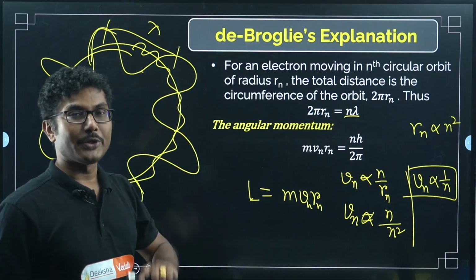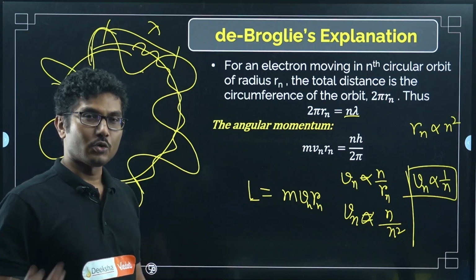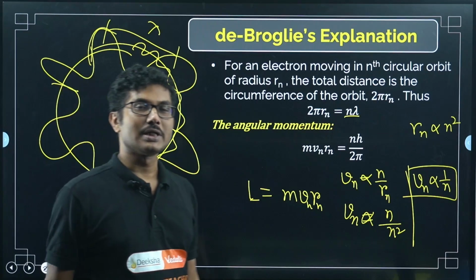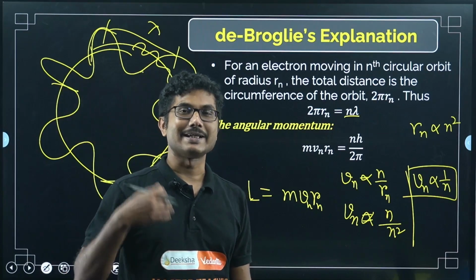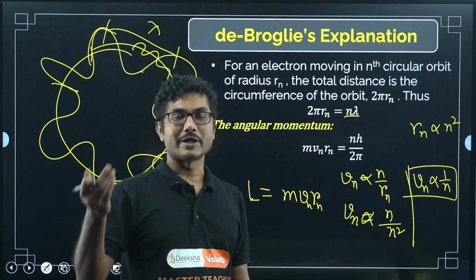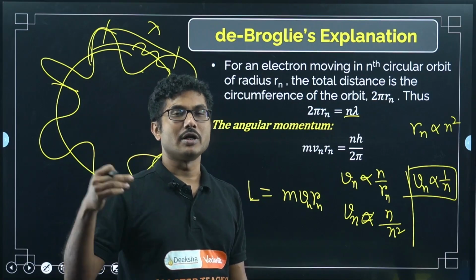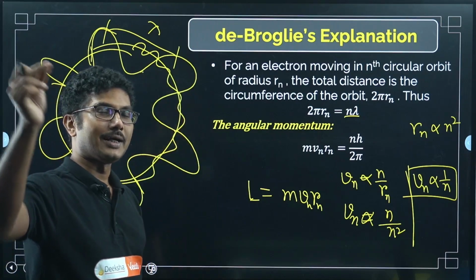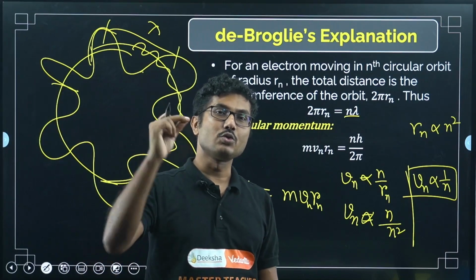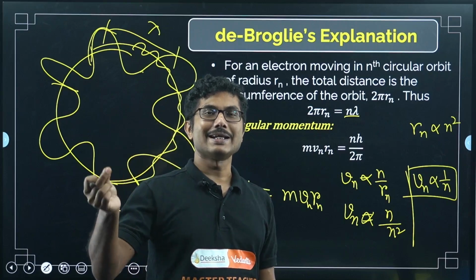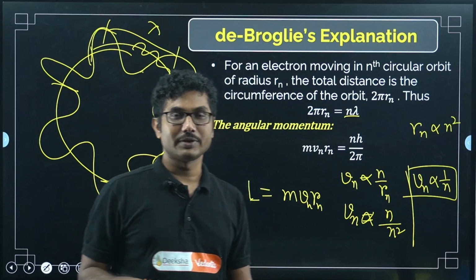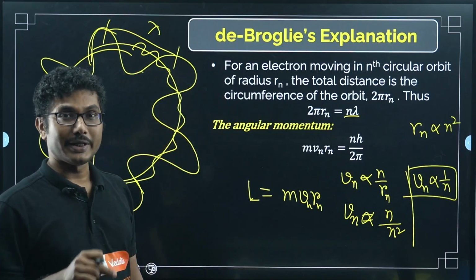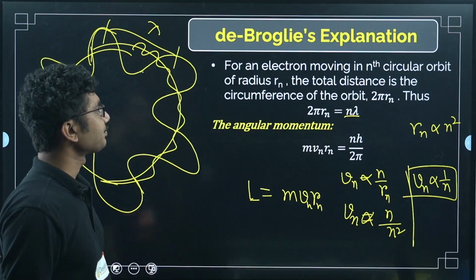So the higher the orbit, the slower the electron. Closer to the nucleus, the speed is higher, because n has a smaller value. For example, in the ground state, n is equal to 1, so the velocity is very high. If it goes to the first excited state where n equals 2, then the velocity is half that of the velocity in the ground state, right?